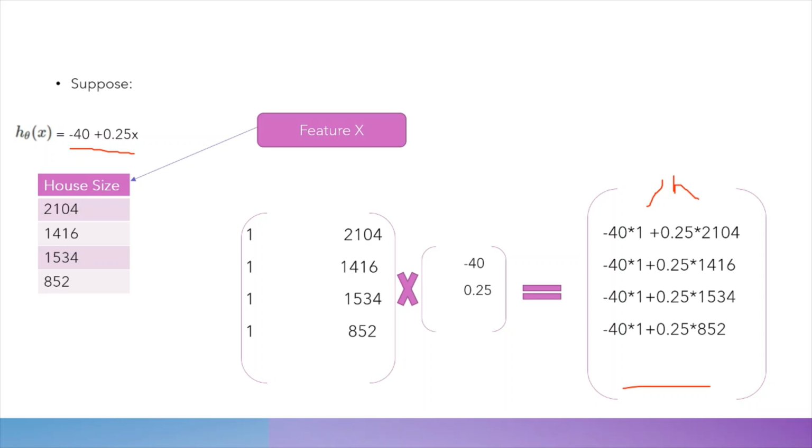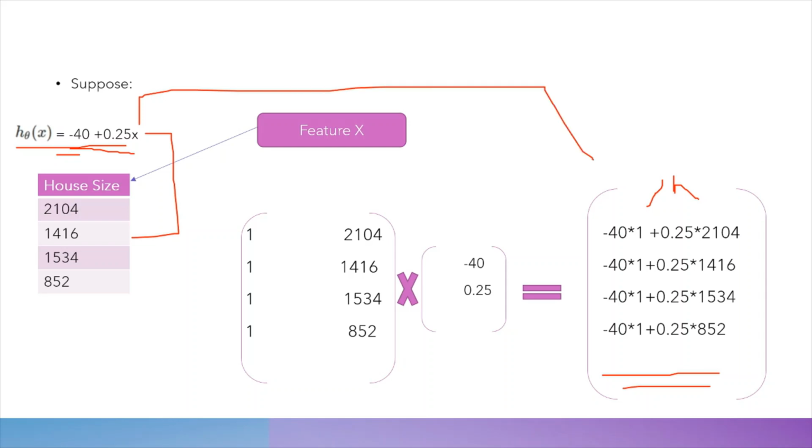So consider the hypothesis over here, minus 40 plus 0.25x. So how is this vector representing our hypothesis? To understand this, first consider this hypothesis over here, minus 40 plus 0.25x. If you just use the value of x from this column, then you are going to end up with the same answer as in this vector.